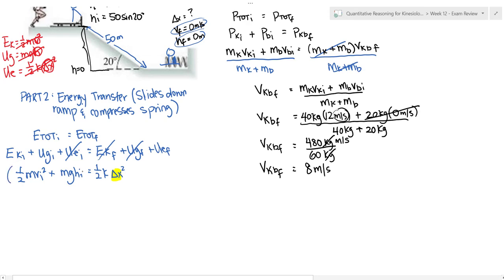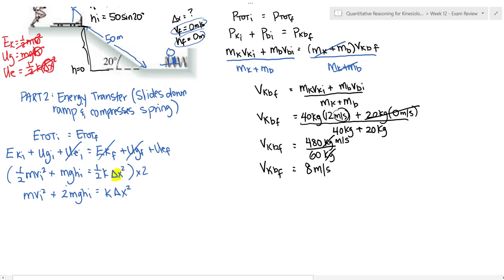I'm going to start by timesing everything by 2 to get rid of the half that's here. So 1/2 times 2 is just 1, so I have mv initial squared, plus I'm multiplying the second term by 2, so I get 2 mgh initial. And on the other side, the half times 2 just gives me 1, so I have k delta x squared.